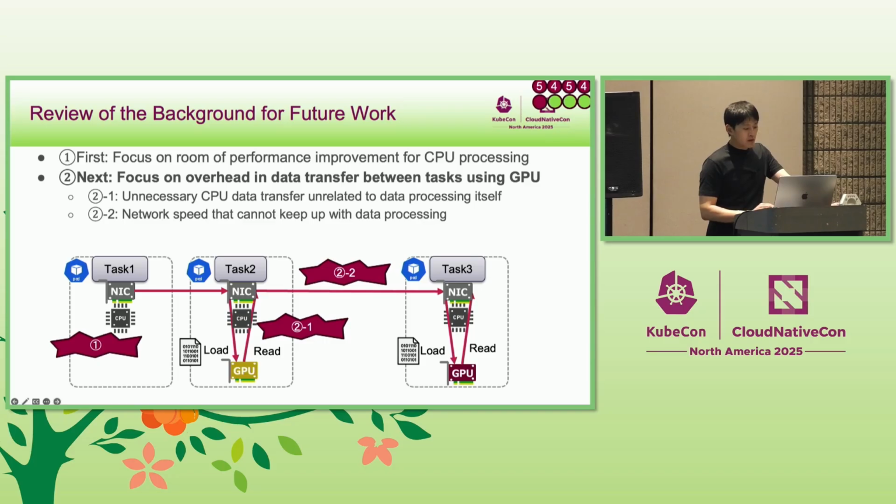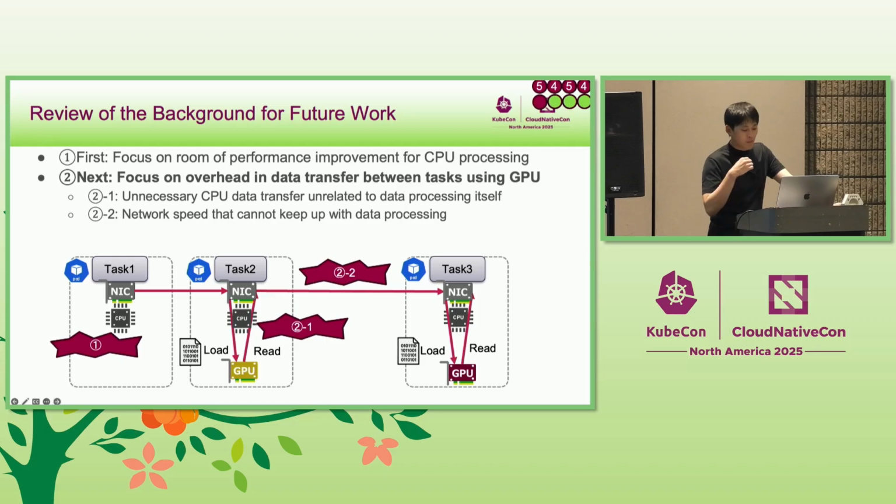The first point is the unnecessary data transfers by the CPU, which are not essential to the data processing itself. Currently, when GPU-based tasks are executed in sequence, the data must be routed into the GPU, then written back to memory, and again routed and written back repeatedly.